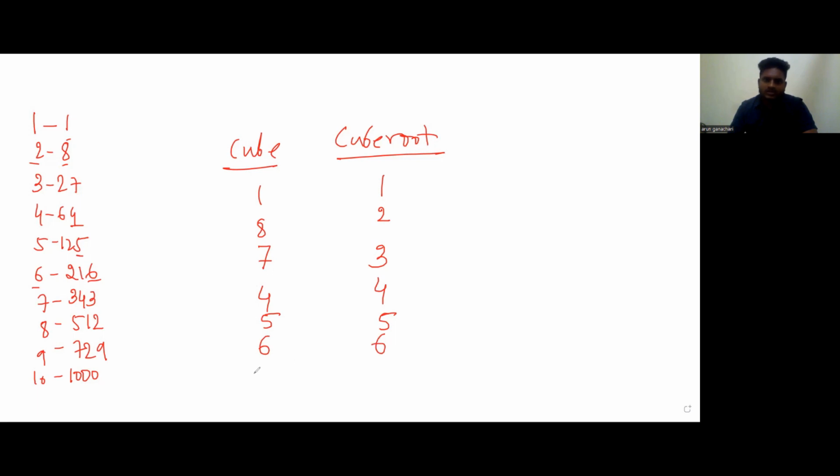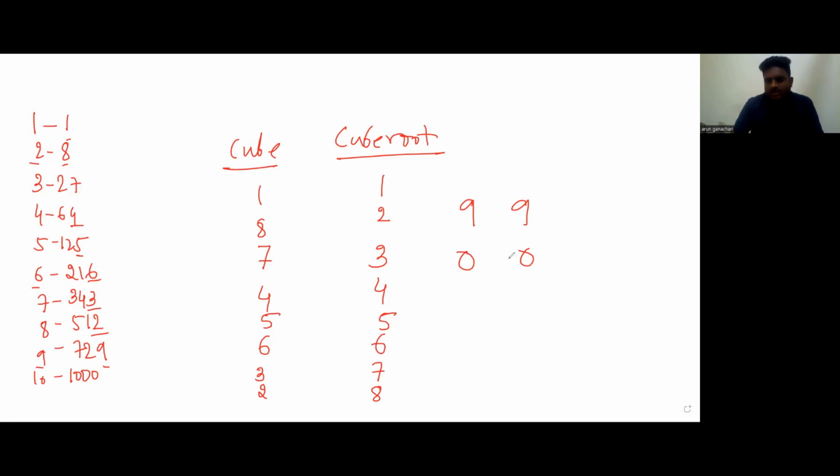If your cube has 3, your cube root will have 7. If your cube has 2, your cube root will have 8. If your cube has 9, it will have 9. If your cube has 0, it will have 0. Understanding this?